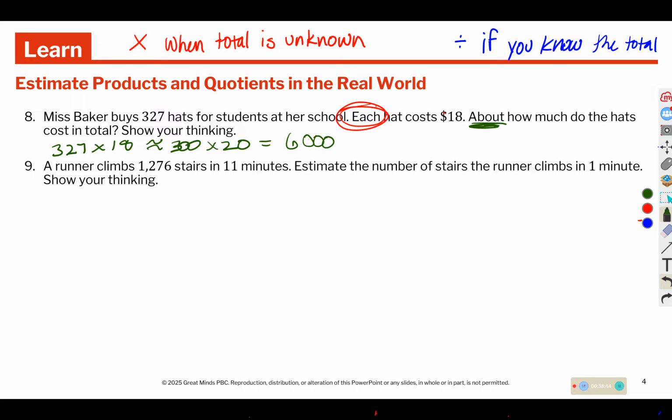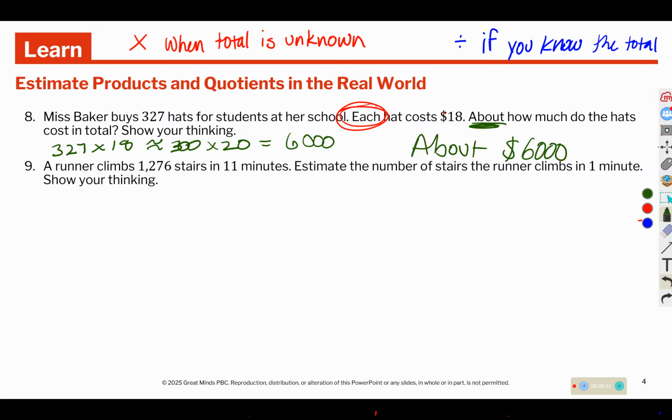So about $6,000. It does not ask us to find the actual answer. However, if you did 327 times 18, it would come out to $5,886. So our approximation is very close.